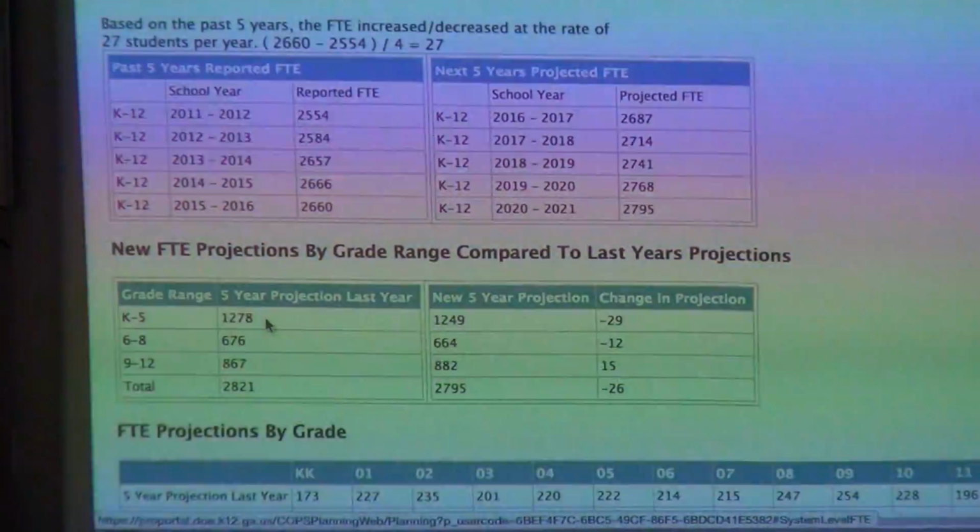Last year's projection was 1278, and because of the FTE that you reported this past year, they're saying that for the next 5 years, you're probably going to have fewer K5 students than we expected last year. And you're going to have 12 less middle school students, but you're going to have 15 more high school students.